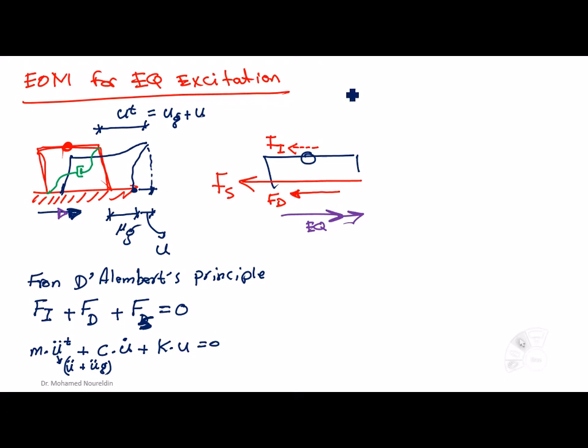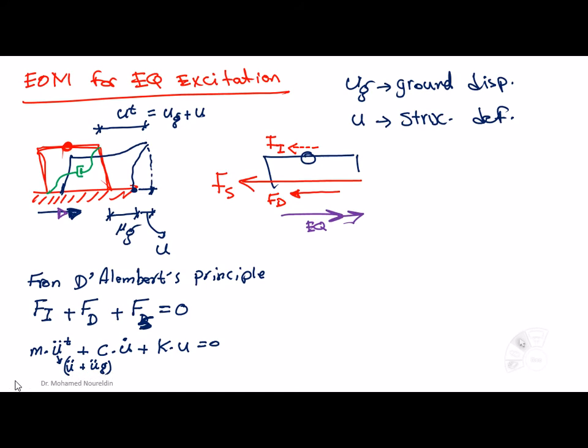So ug is the ground displacement. However, u is due to structural deformation. So we have different displacements under the earthquake excitation.